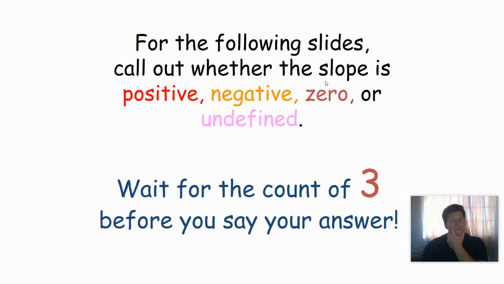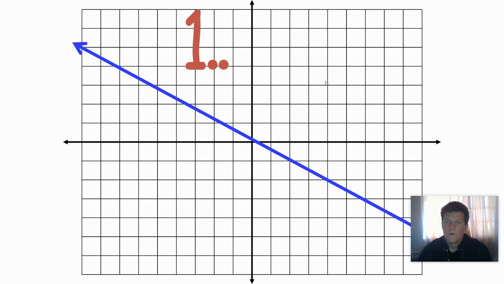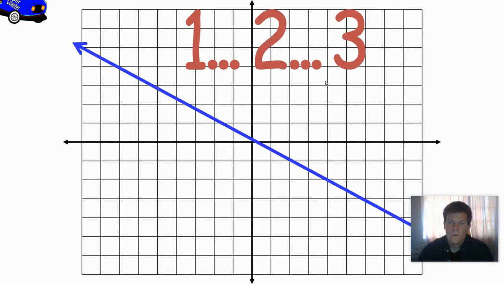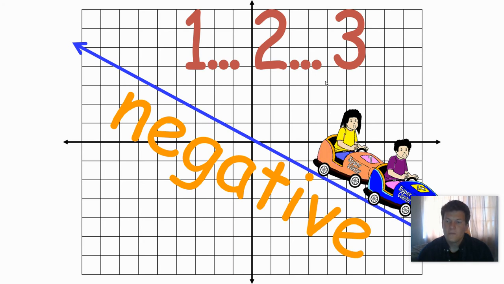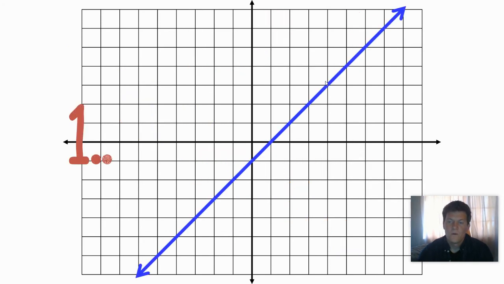Keep that in mind. See if you could answer what type of slopes the following graphs have. Remember, there's only the 4: positive, negative, 0, and undefined. What does this slope have? Negative slope. What does this slope have?